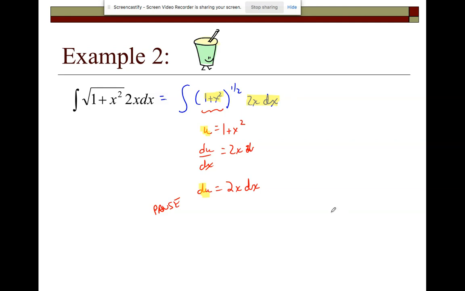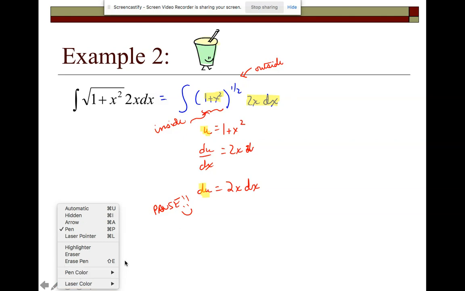Is everything in your integral covered up except for the outside function? Yep. Therefore, I can go directly to the substitute stage.